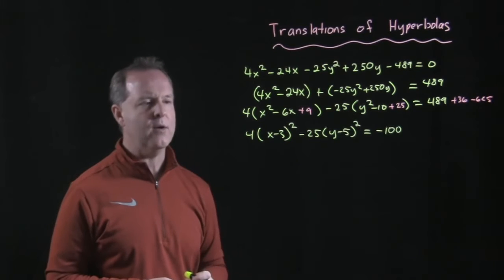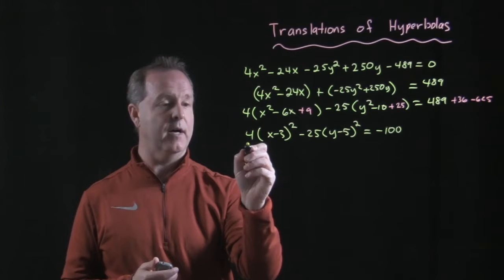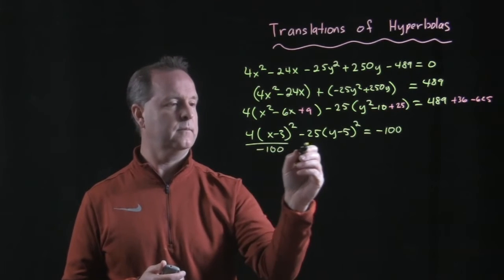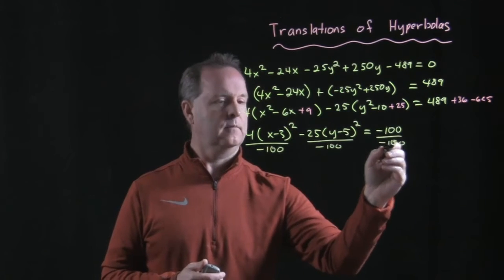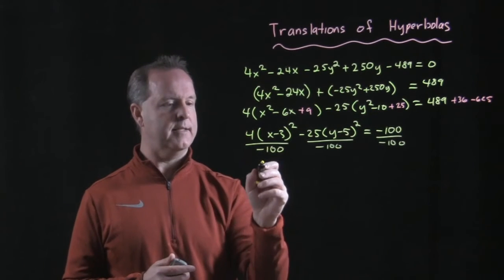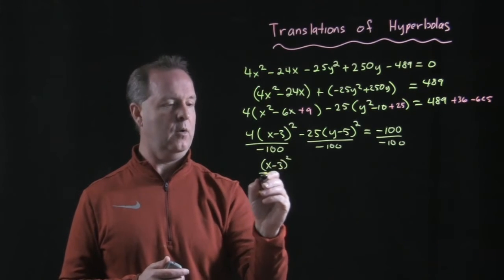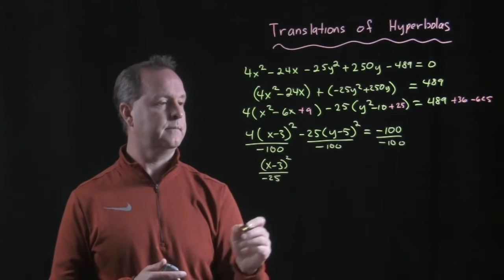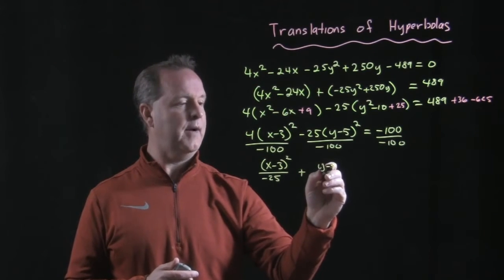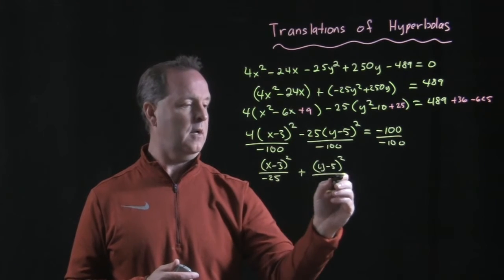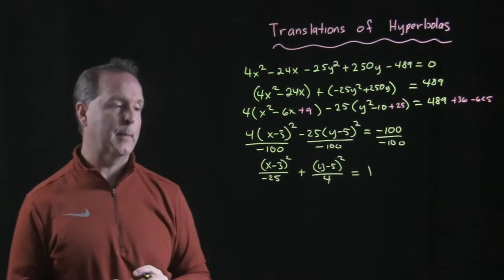All right, from there, I think we're doing all right now. Let's divide everything through by negative 100 so we get it in standard form. What I'm left with is negative (x minus 3) squared over 25 plus (y minus 5) squared over 4 equals 1.